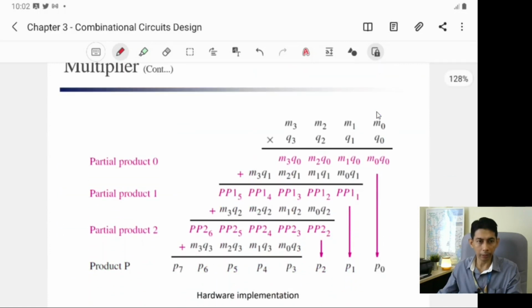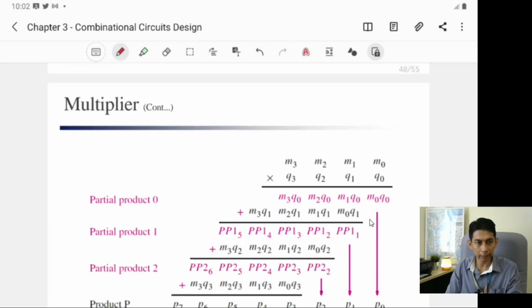So what we do is M0 AND Q0. For this one, M1 AND with Q0, you get this one. M2 AND with Q0, you have this one. M3 AND with Q0, you have this one. And of course, this one goes straight to the output, which we call P0.